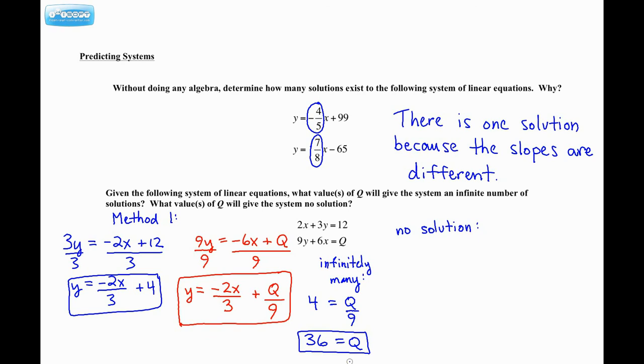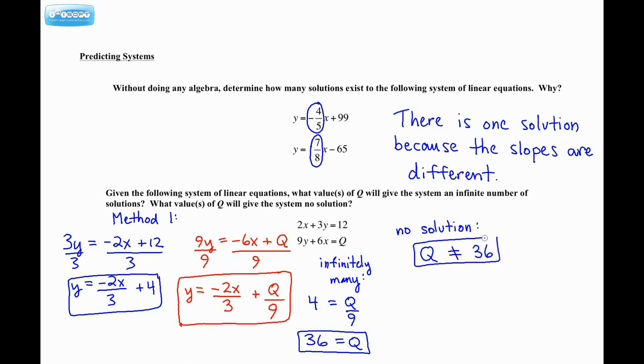So it's infinitely many or nothing. Okay. Well, if q is 36, we get infinitely many solutions. Well, if q is anything other than 36, any number you want, just not 36. So we could just say if q is not equal to 36. There we go.